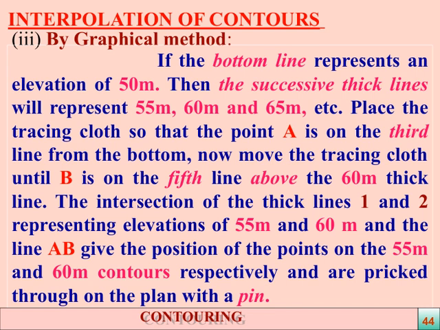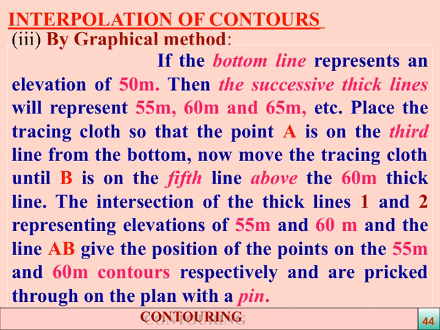When you do this, you'll notice where the thick lines, one representing 55 meters and the other 60 meters, intersect with the line AB. These intersections give us the approximate positions of the points on the 55-meter and 60-meter contours. We mark these points on the plan with a pin.